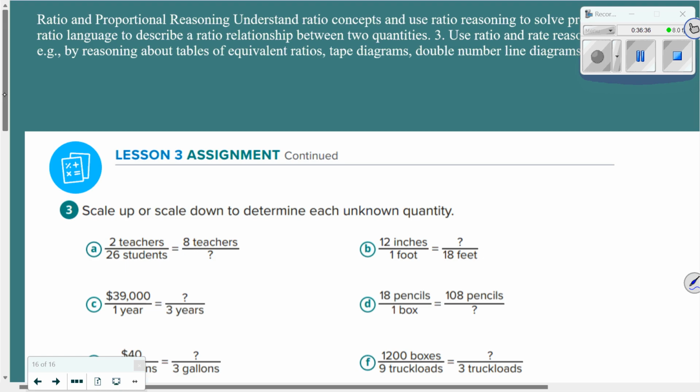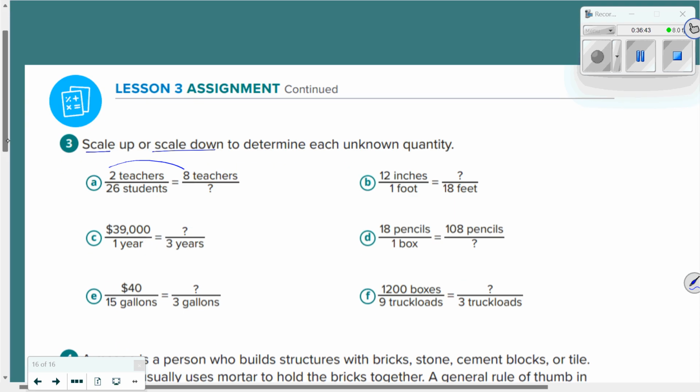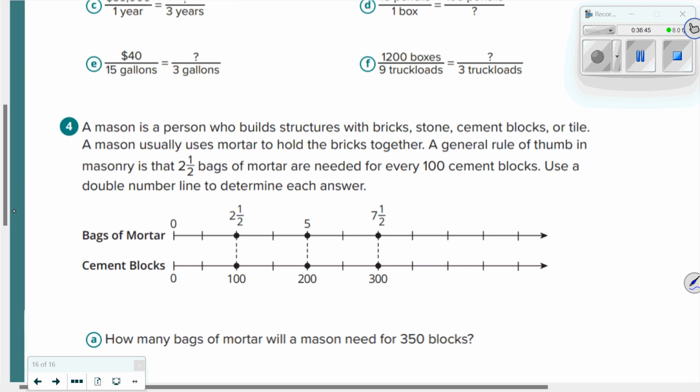Backside, we've given you a scale up or scale down. So basically just look at the number that's changing, figure out what that relationship is. The last one, they build structures in stone. He uses mortar to hold bricks together. General rule of thumb, 2.5 bags of mortar are needed for every 100 cement blocks. They gave us the double number line to set it up.